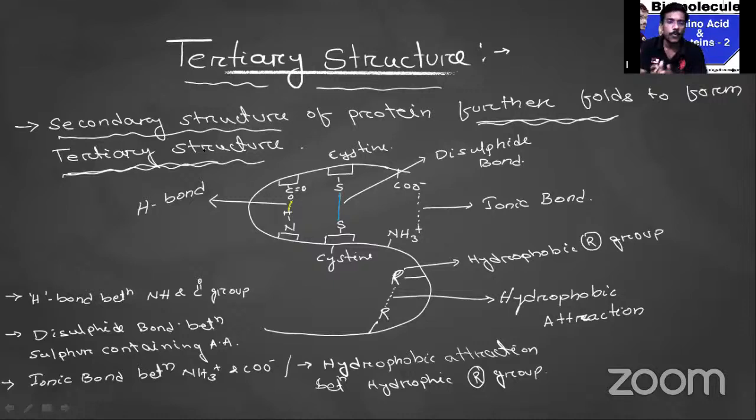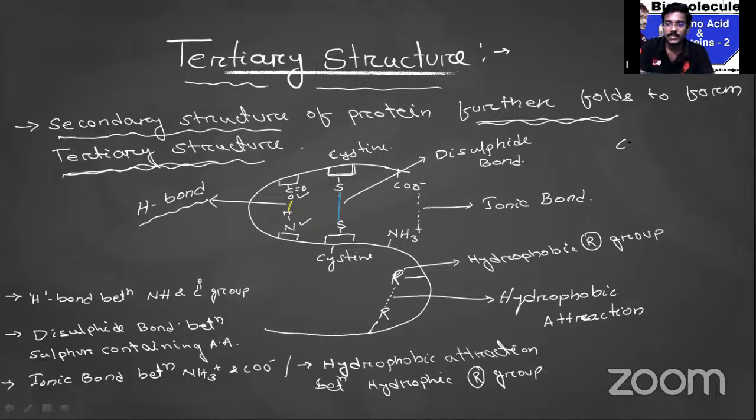And in that folding, what will be involved here? First of all, there will be formation of hydrogen bonds. Yes, the hydrogen bond is formed between the C double bond O and NH group. And another one, if there is presence of cysteine, cysteine is a sulfur containing amino acid.